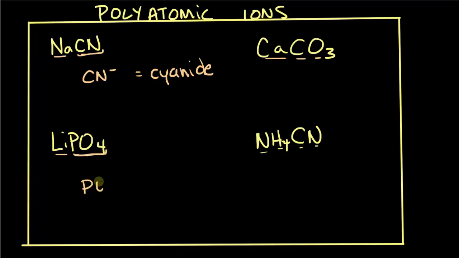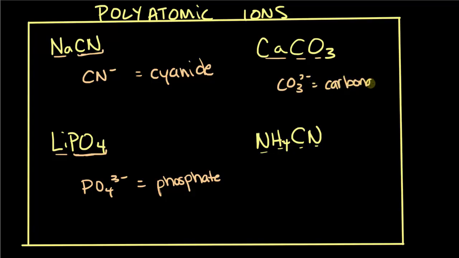PO4, you'll see in your chart, equals the phosphate ion. CO3, 2 minus, is the carbonate ion. NH4 plus is the common positive polyatomic ion you may deal with. That's called ammonium. And then again we have CN minus, which is cyanide.